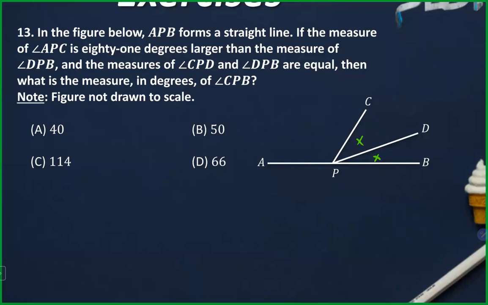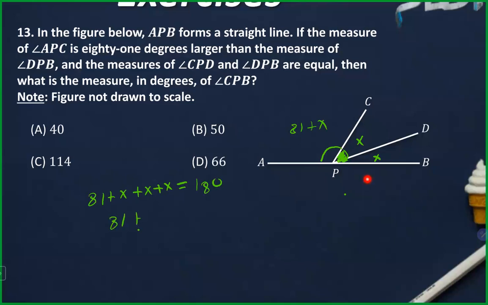So this part we can say is 81 plus x. They want to find the measure in degrees of CPB, all of this one. I know that 81 plus x plus x plus x equals 180.